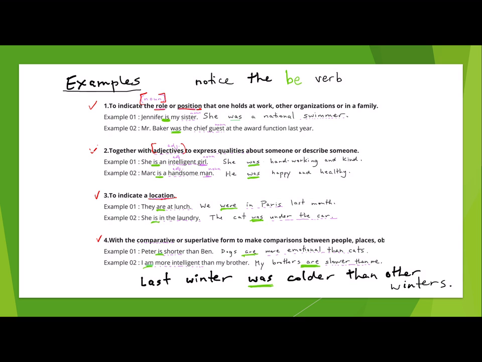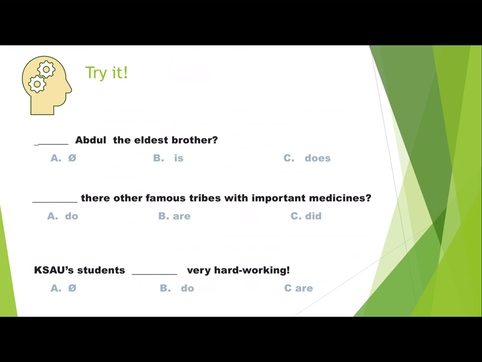In other words, look for a noun or an adjective or a preposition like in, on, under, between, okay? Or some kind of comparison word. When we do that, we need to use the be verb to describe and to give that information about the subject.